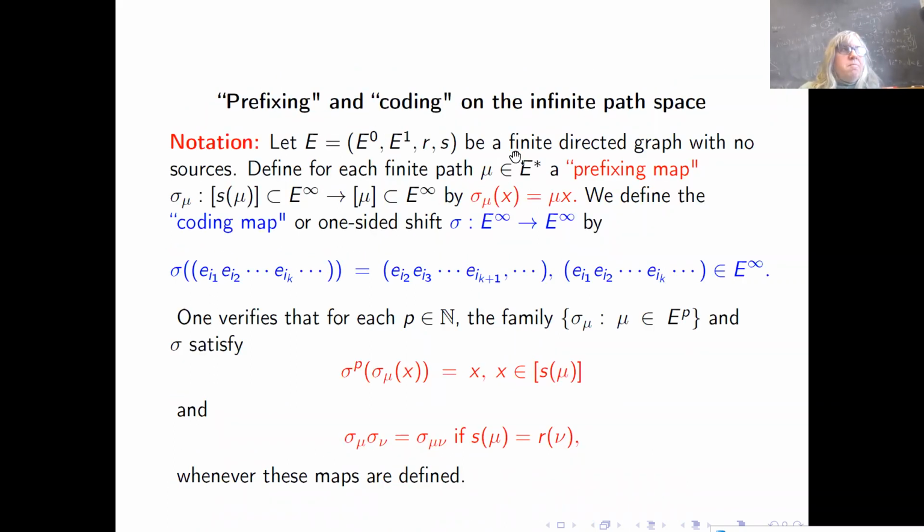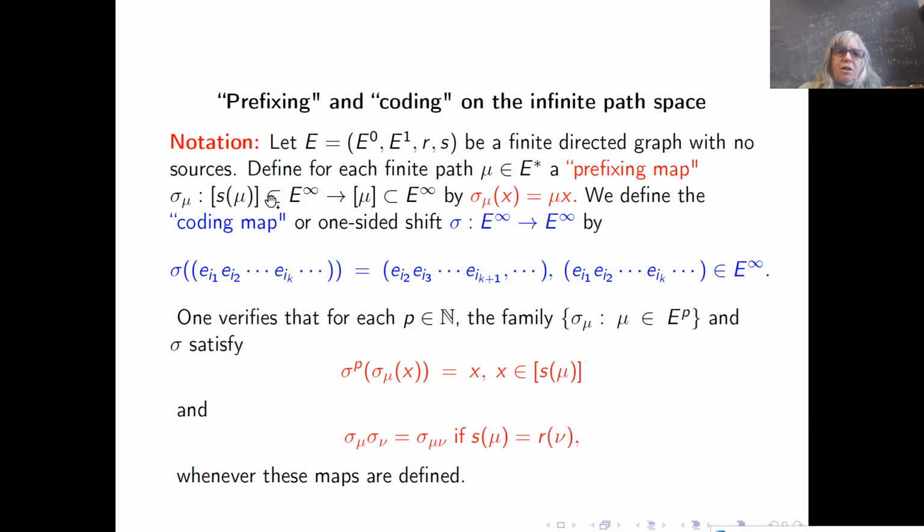Okay, now that's our measure space that we'll use. L2 of E infinity with this Perron-Frobenius measure. That's our Hilbert space. And now we're just going to define some prefixing and coding. Coding is just the one-sided shift on your one-sided infinite path space.